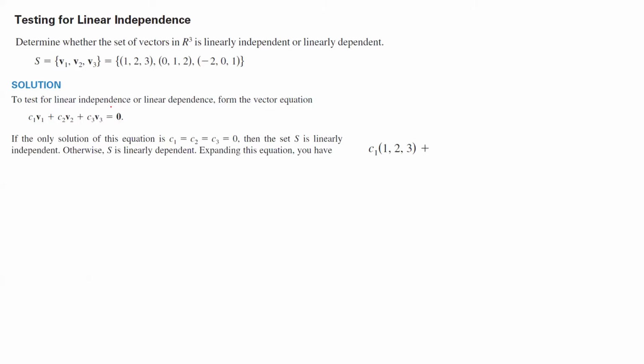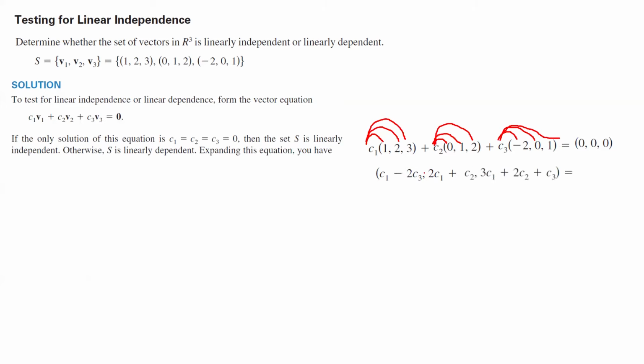C1 times (1, 2, 3) plus C2 times (0, 1, 2) plus C3 times (-2, 0, 1) must be equal to the 0 vector. So you end up with (0, 0, 0). Now, you're going to distribute C1 into the parentheses, multiply C2 by each component, multiply C3 by each component, and then combine them together.